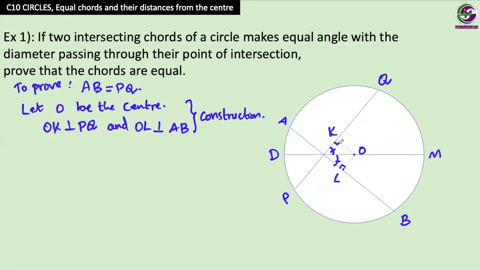For that, we have 90 degrees in both these triangles. We have equal angles and a common side. So in triangle OKX, and triangle OLX, angle KXO is equal to angle LXO, given.